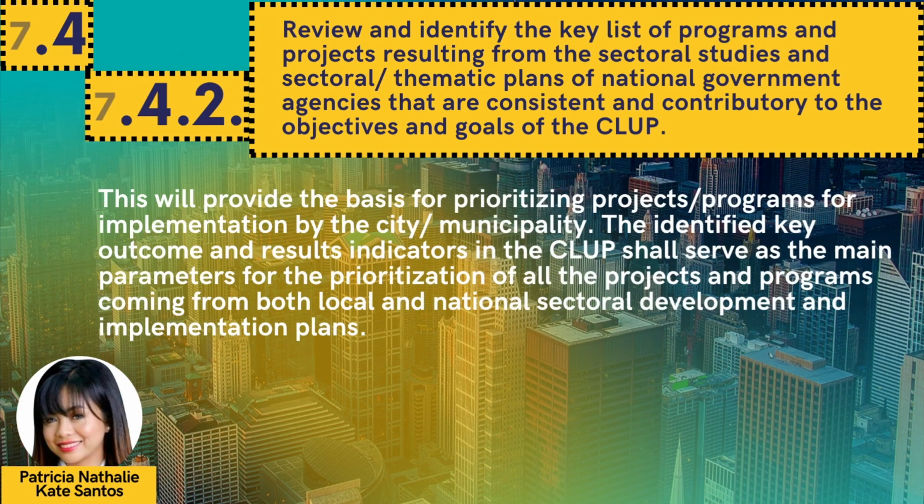So this will provide the basis for prioritizing projects and programs for implementation by the city or the municipality. The identified key outcome and result indicators in the CLUP shall serve as the main parameters for the prioritization of all the projects and programs coming from both local and national sectoral development and implementation plans.